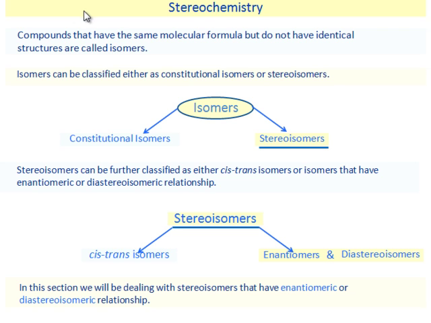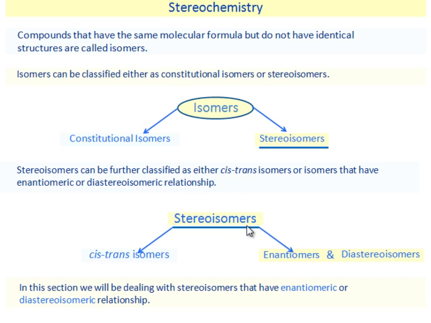Stereochemistry. Compounds that have the same molecular formula but do not have identical structures are called isomers. Isomers can be classified either as constitutional isomers or stereoisomers.